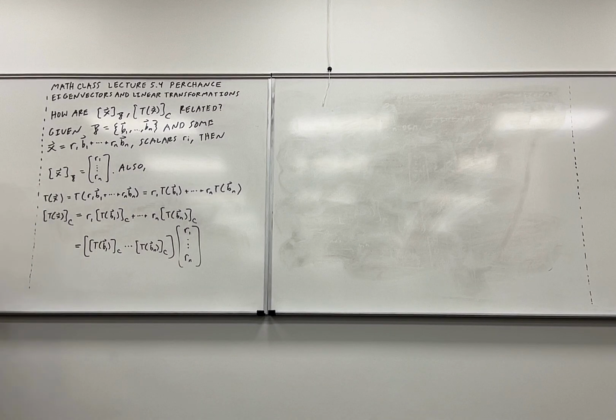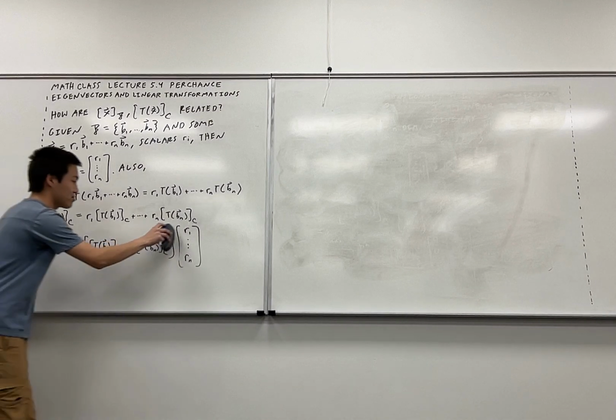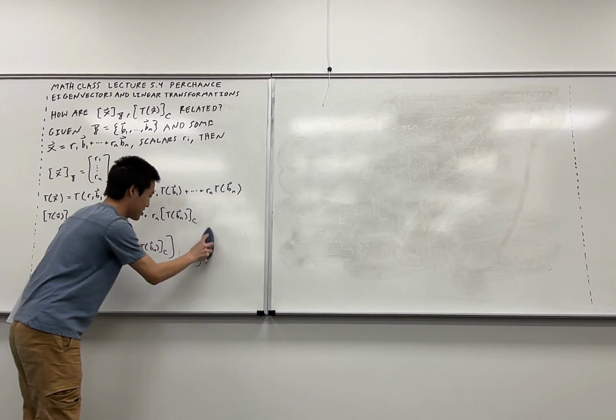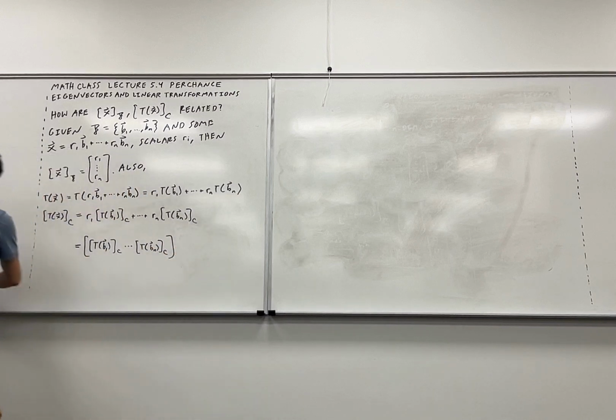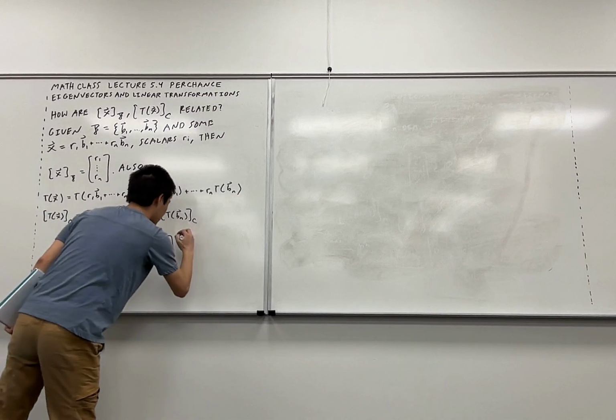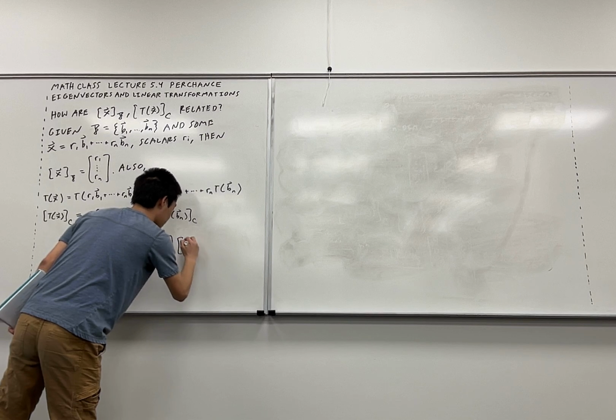It's just the b coordinates. So I don't need to put this representation like that. I can just say, oh, let me take my original vector x, but expressed with its b coordinates.